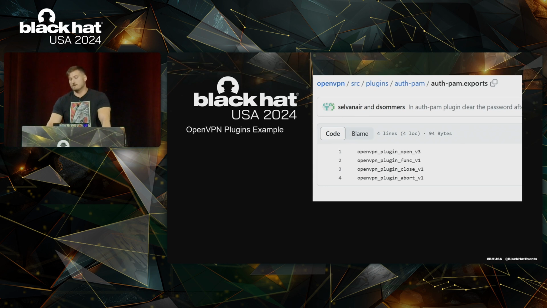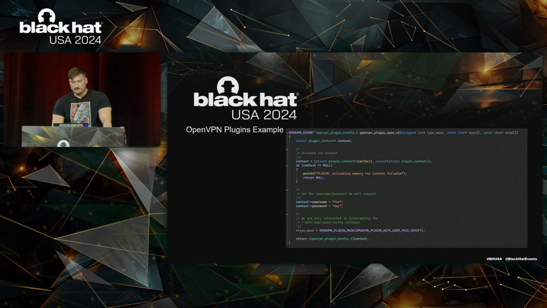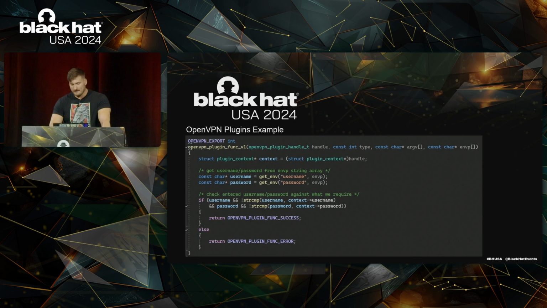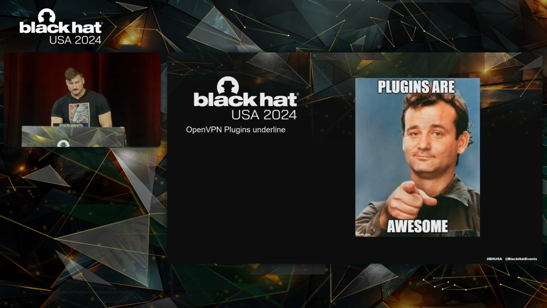Func is the function that will be called every time we want to execute specific logic of the plugin, and then close and abort are self-explanatory. For instance, here we have an example of the plugin code. We have the open function here that will define the username and the password of the context. And then in the func function, we can see authentication with those fields stored in the context. The underline here is that plugins are pretty cool and allow a lot more functionality to OpenVPN.